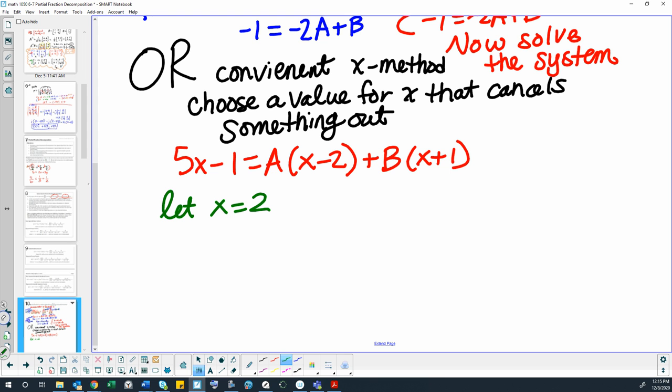And why did I choose 2? I'm just choosing a random value for x, because x should represent anything. As long as I keep x the same throughout, I shouldn't be affecting anything with regards to the other values a and b that I'm trying to find.